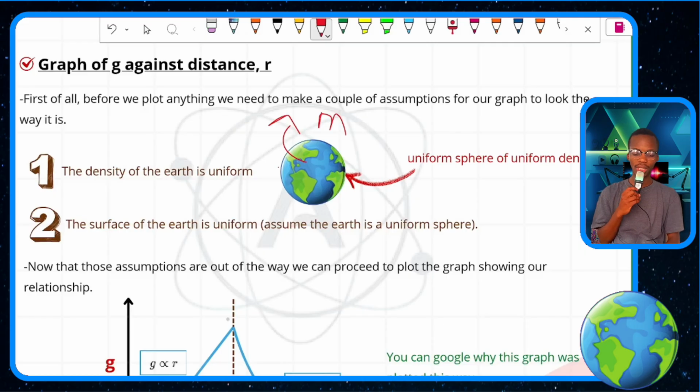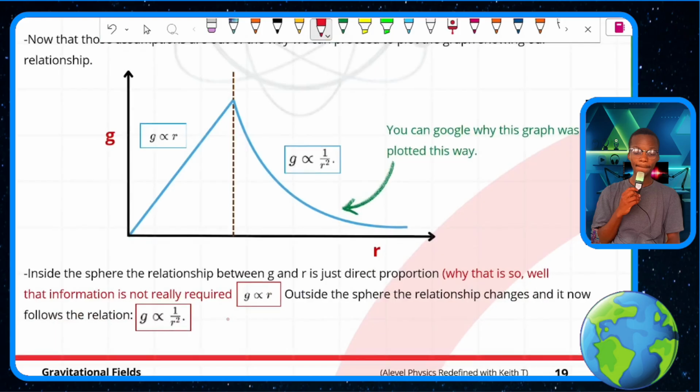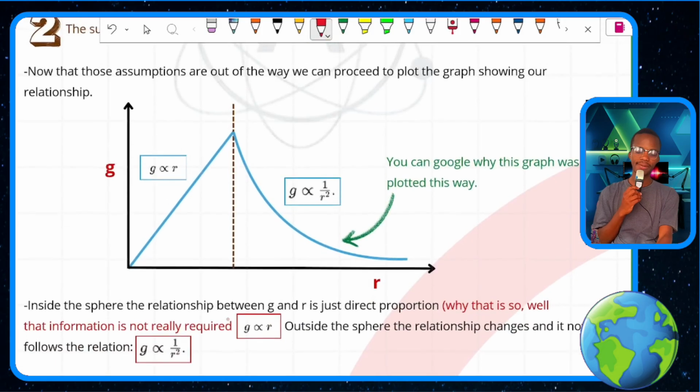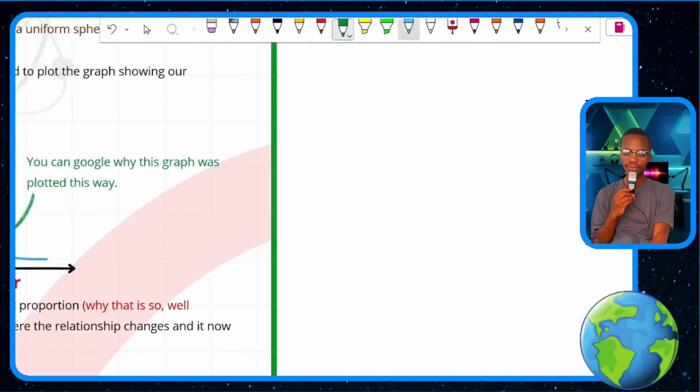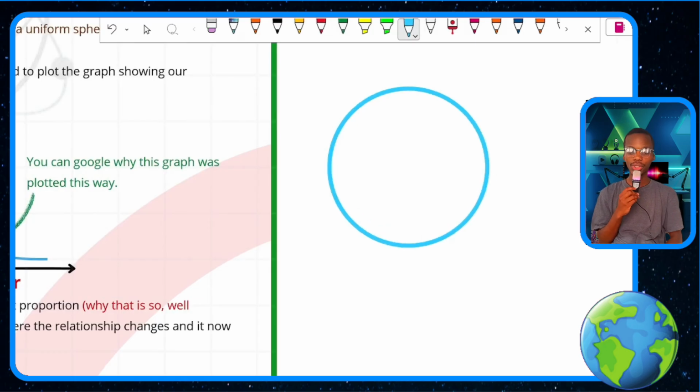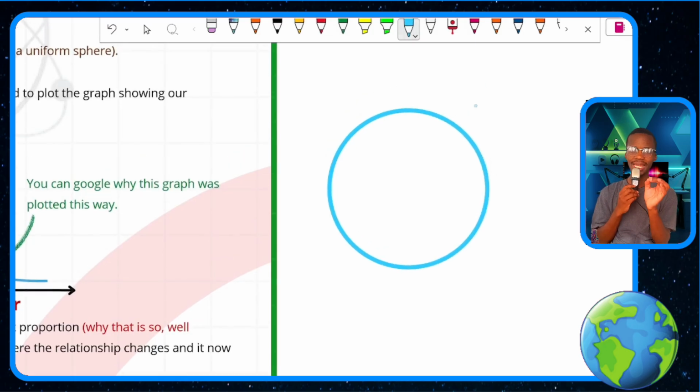So those are two assumptions that we're going to be making when we're trying to plot the graph of g against r. Essentially, the graph will look as follows, and I'm going to explain why this graph is exactly the way it is. First of all, we're going to start at the center of the Earth, and we're going to assume that the value of g itself is directly proportional to r.